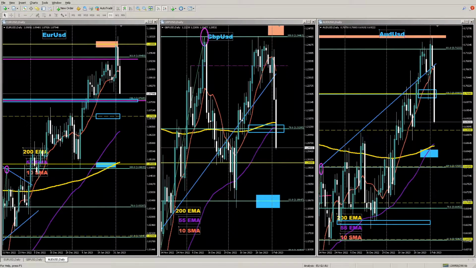And if you look across all these three major pairs, and as you'll see later in my other video for spot gold, all the major currencies against the US dollar have taken a tumble over the last couple of days of the week. A major tumble with a significant retracement.